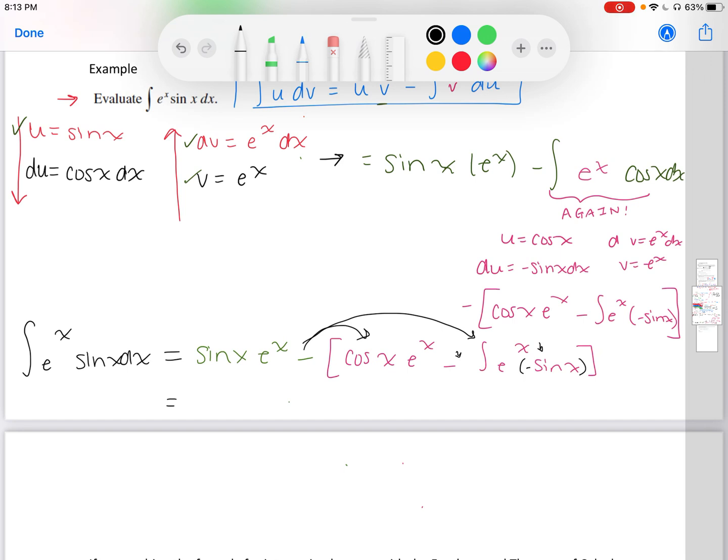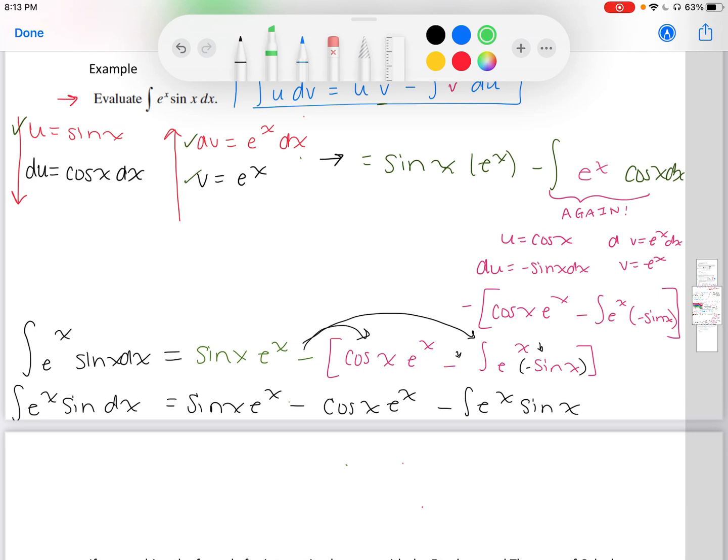So that we have the integral of e to the x sine x dx is sine of x e to the x minus cosine of x e to the x minus the integral of e to the x sine of x. Now we see that we're going to be in a spiral again where we're never going to finish.